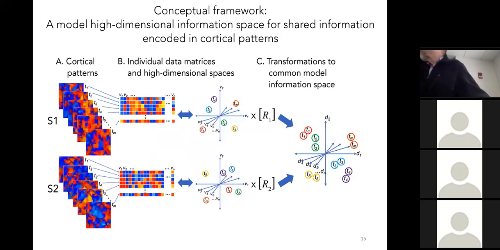So the goal of hyperalignment then is to take these individually idiosyncratic spaces that use the cortical locations as the coordinate axes and find the transformation matrix for each individual subject to project this subject's responses and this subject's responses into a common information space.